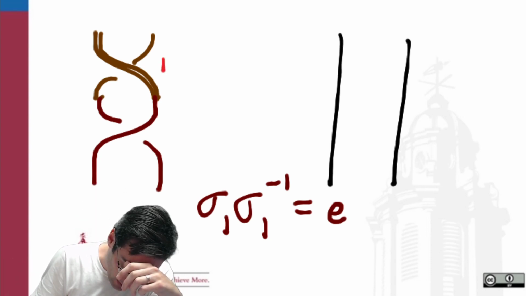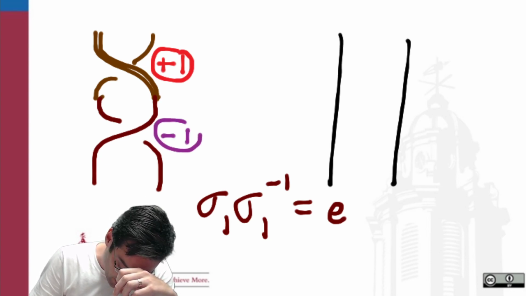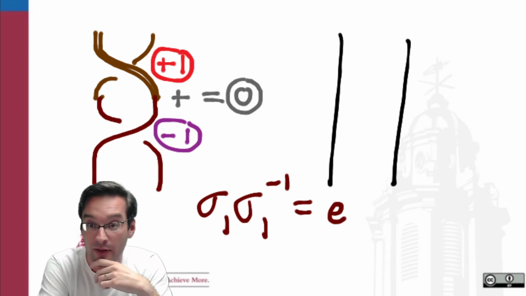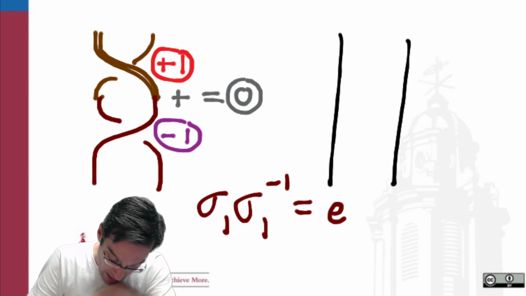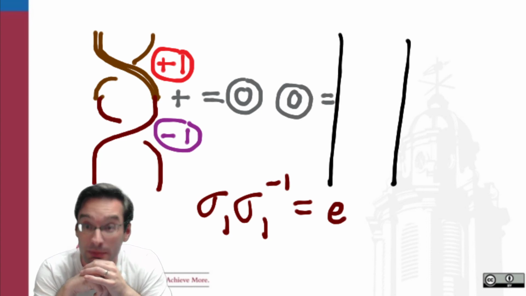So here I have a positive crossing, which will count as a +1. And here I have a negative crossing, which would count as a -1. So if I add those together, I'm going to get this braid sum of 0 for my braid over here on the left. Whereas my braid over here on the right has no crossings at all, and so it would have a braid sum of 0 as well.